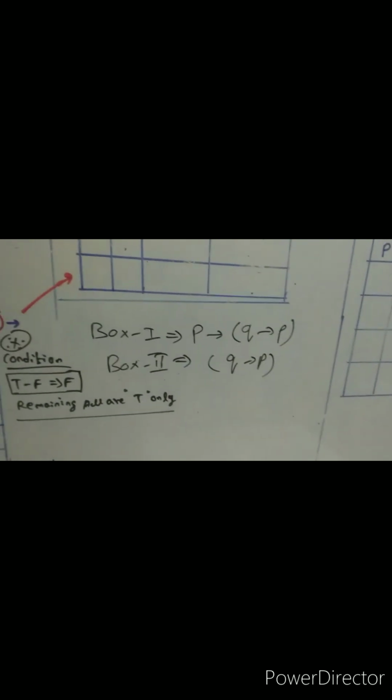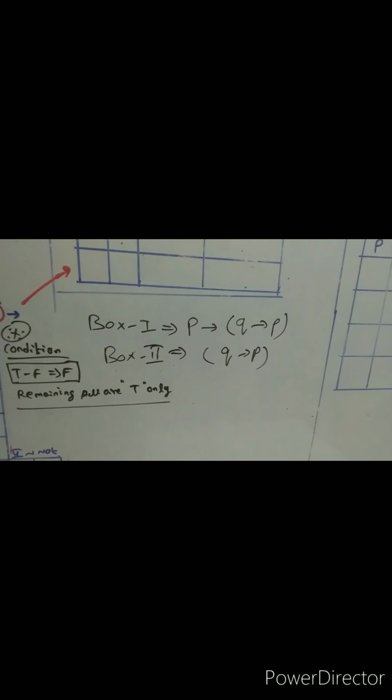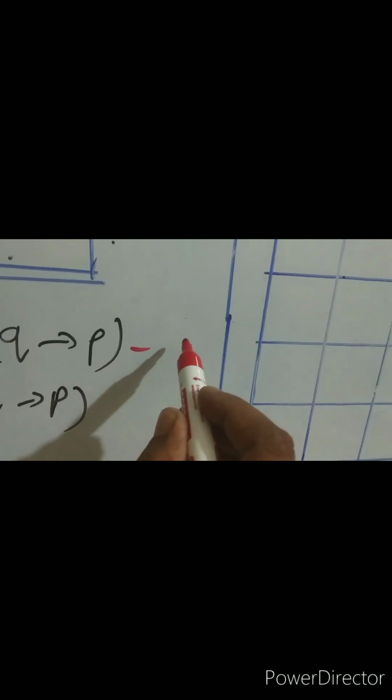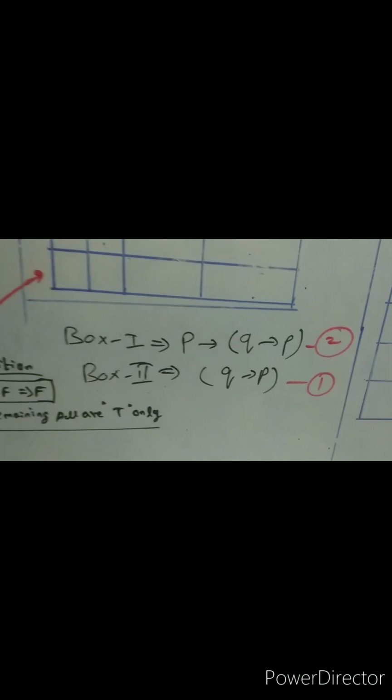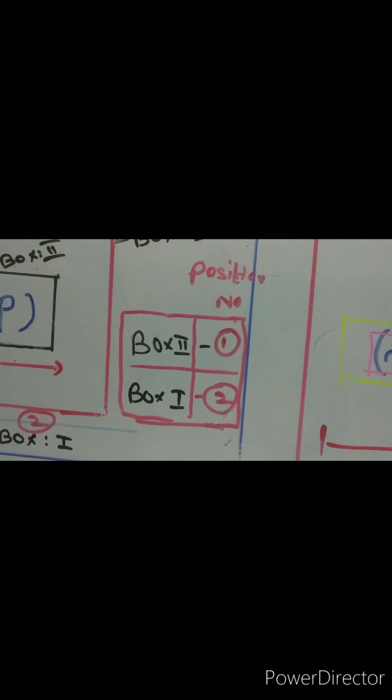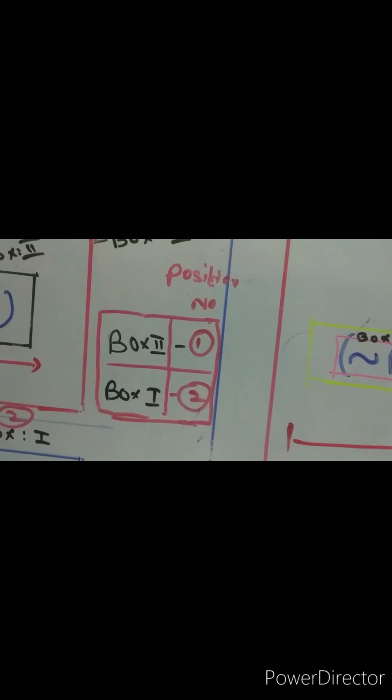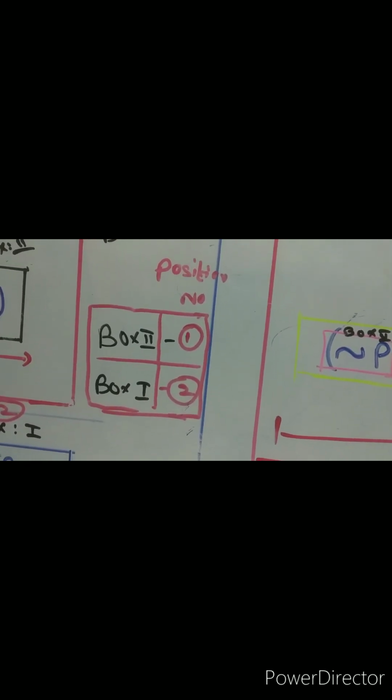Here the position number. This is position number 2. This is position number 1. See here, box number 2 is position number 1, and box number 1 is position number 2.